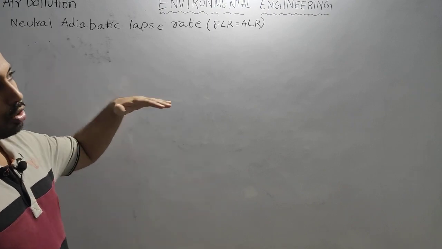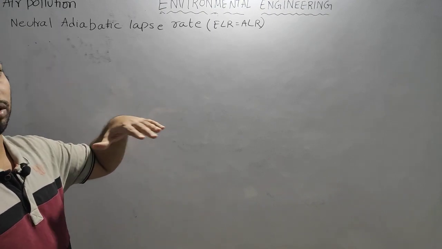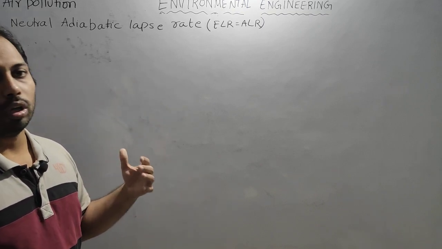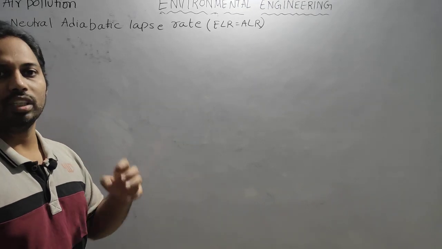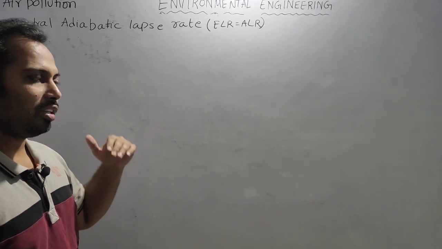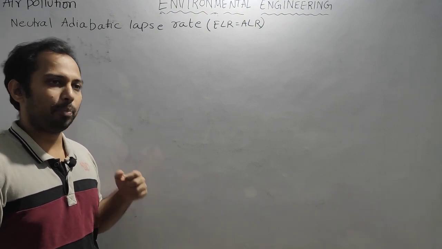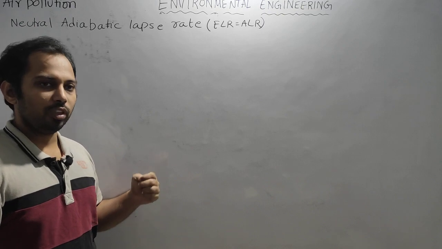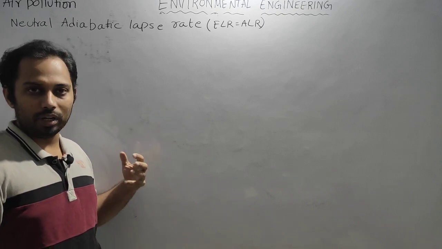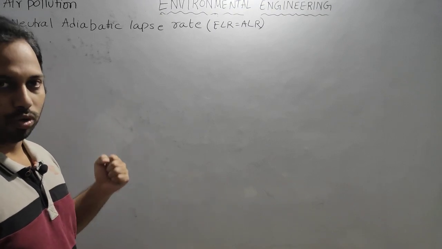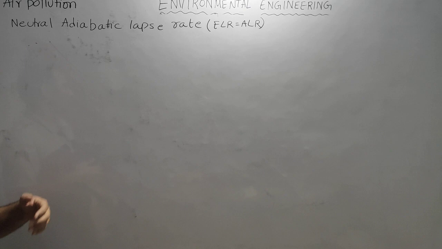Wind also changes the direction of dispersion of the pollutant, so wind direction and wind speed both affect dispersion. Then the pressure outside: during cyclonic depressions, low or high pressure conditions may prevail, because of which pollutant dispersion also varies.